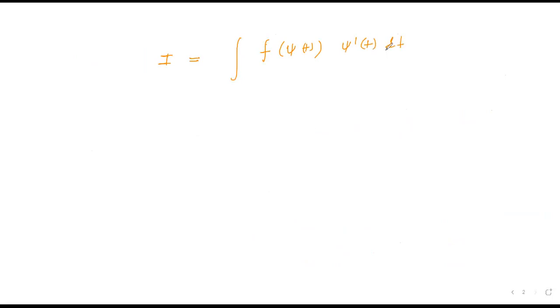And after the final outcome, you have to put t as psi inverse x, because you have taken x as psi t. So you can write t as psi inverse x, right?